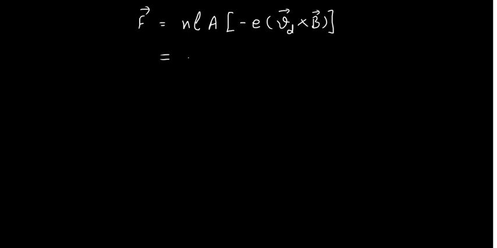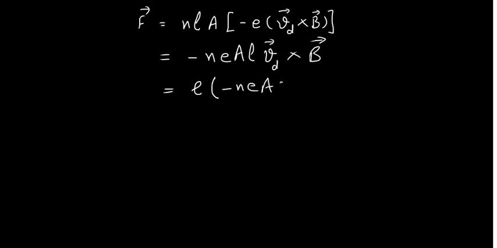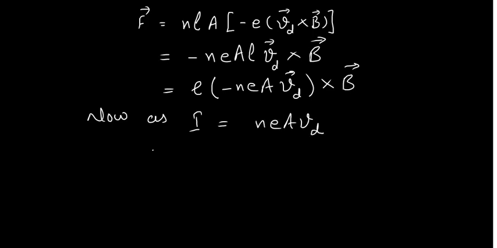Now I can write this expression as minus n e A L Vd cross B, or L times minus n e A Vd cross B. Now as I is equal to n e A Vd, therefore I into L is equal to n e A Vd L. Because of the electron there will be a negative charge, and then we can represent it in vector form.